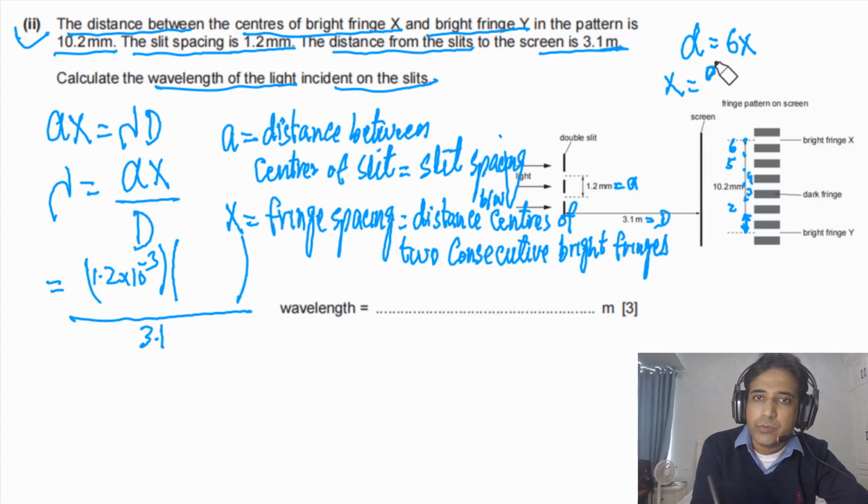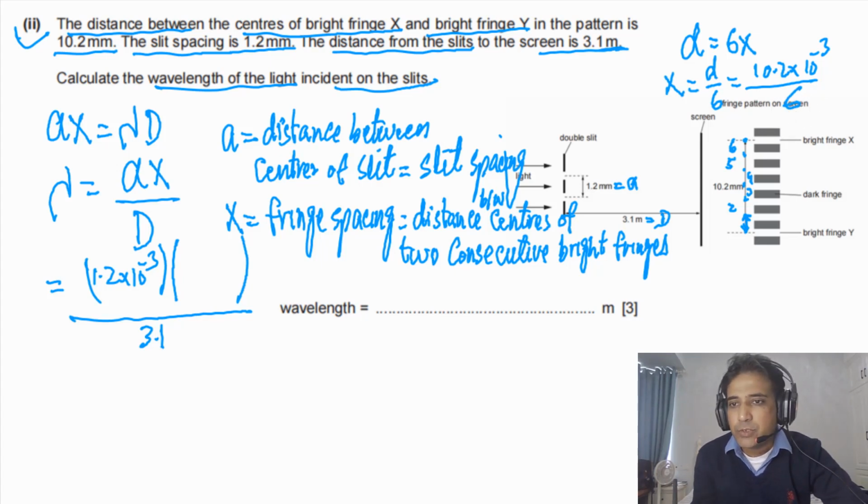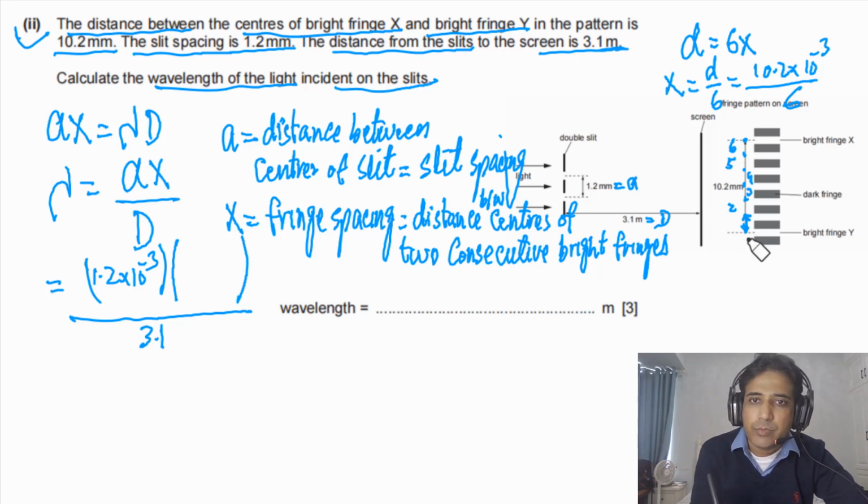So x will be equal to D divided by 6, so 10.2 millimeters divided by 6. This is what you need to understand. Now let me use arrows here to make it more clear.